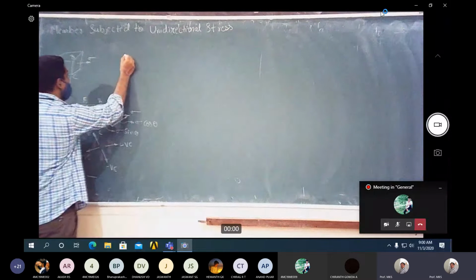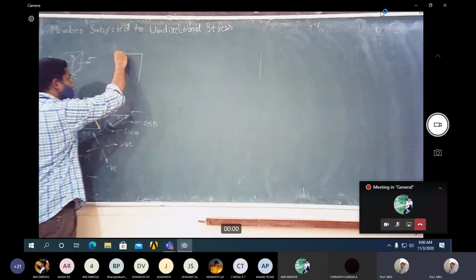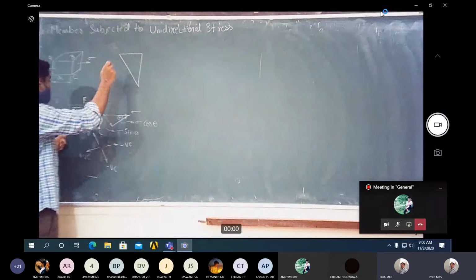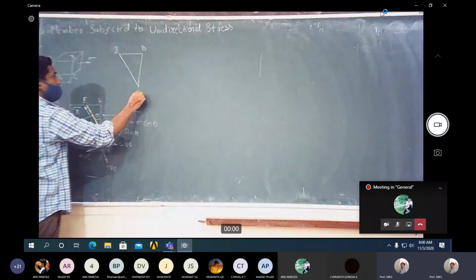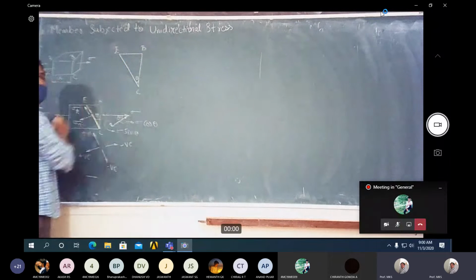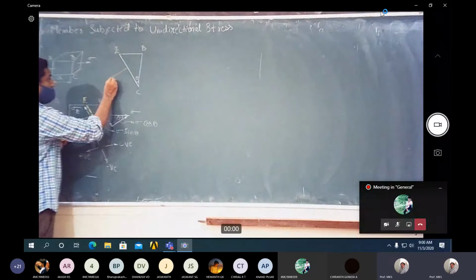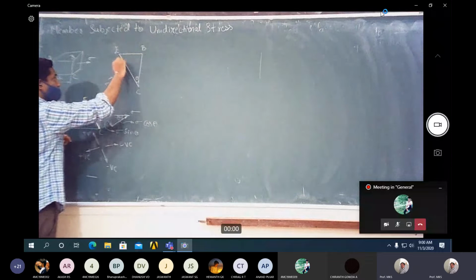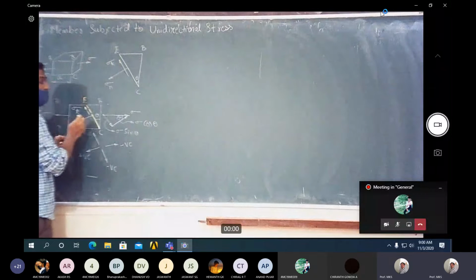If you are confused, I can write this separately. I can take the triangle EBC and show once again how to resolve. This is the very basic step; if you understood this, then it is easier. So EBC is the triangle, this is theta. On EC we have a normal stress, sigma n, and a tangential stress, sigma t.